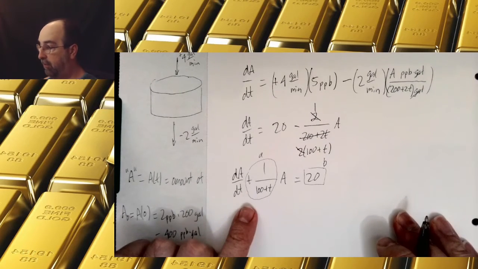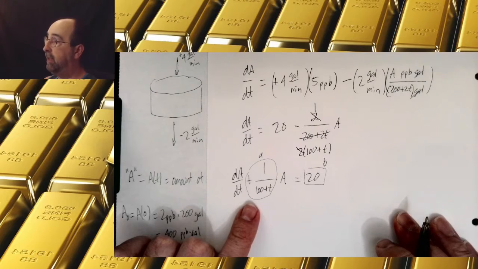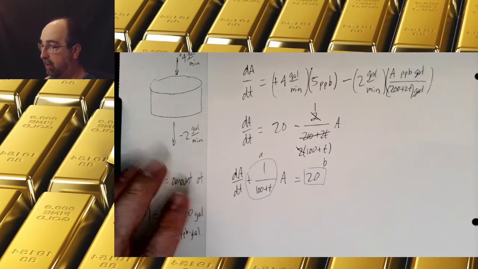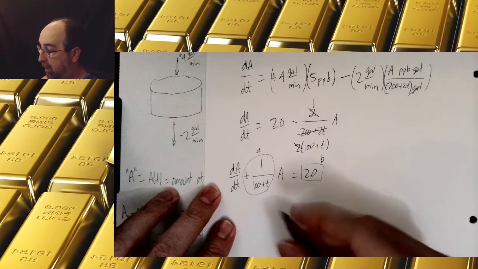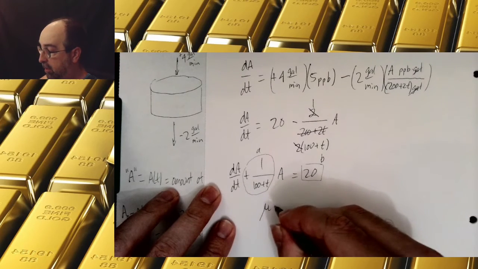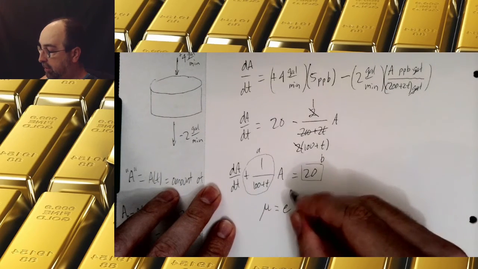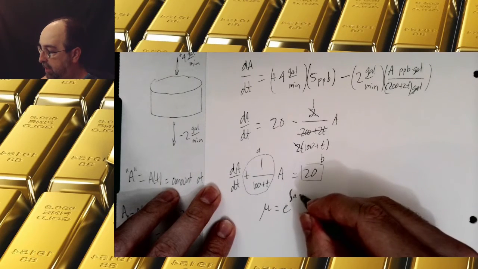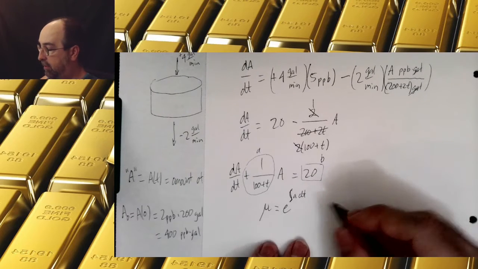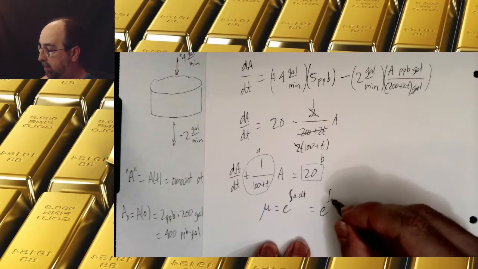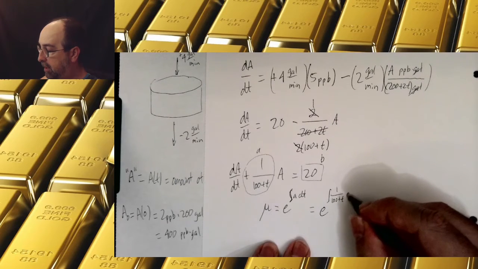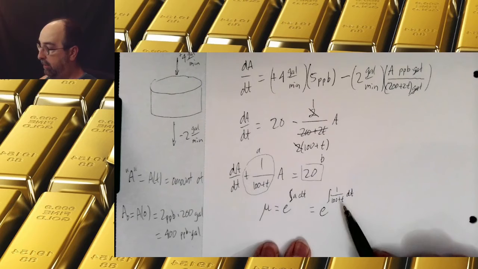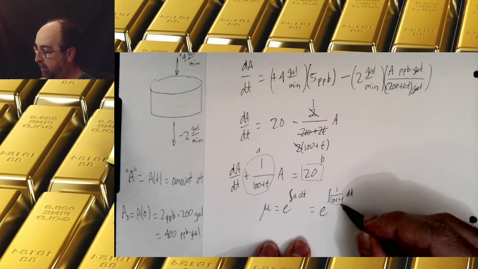This is in the proper form so that you can find a special function called the integrating function. They call it mu. Mu is equal to e to the power of the integral of little a dt. So we get e to the integral of 1 over 100 plus t dt. Now this is really a u substitution from calculus where the denominator would be u.